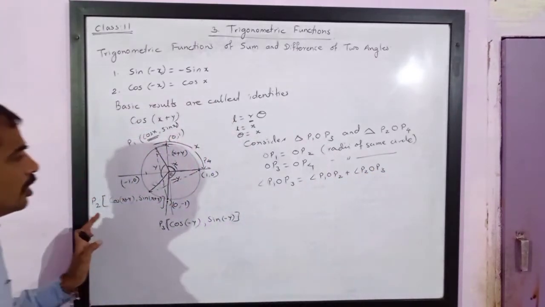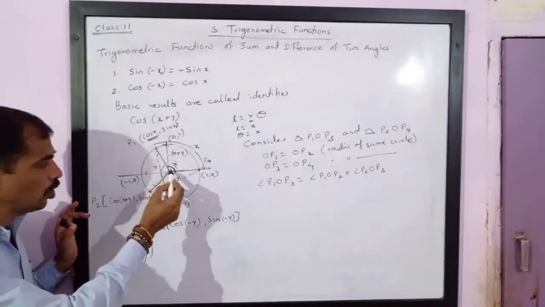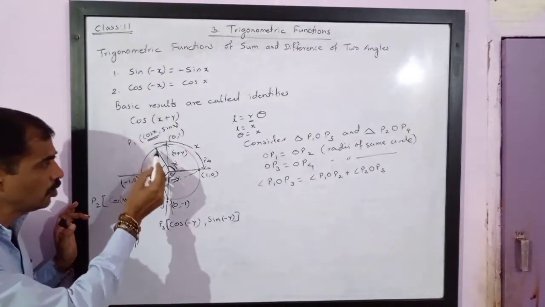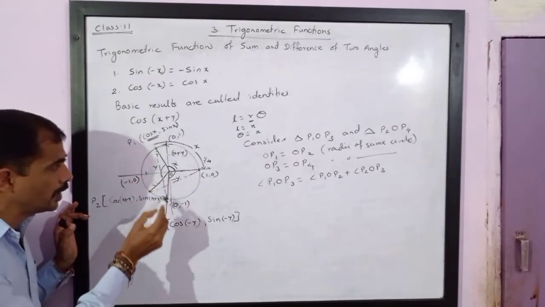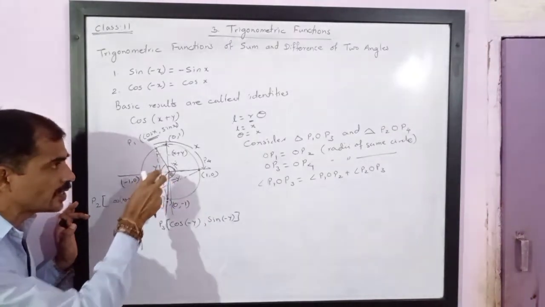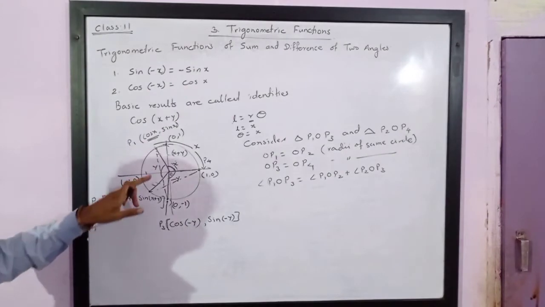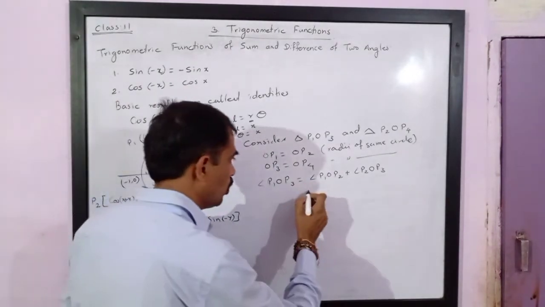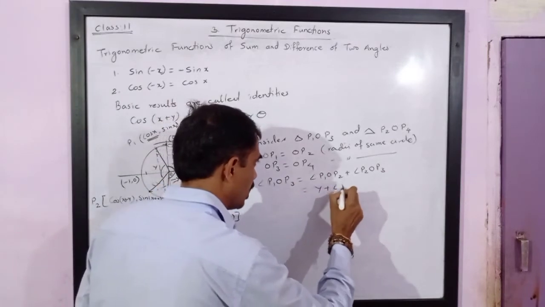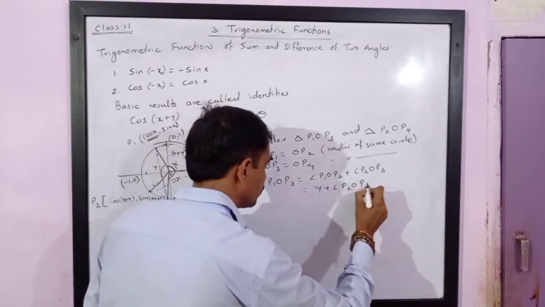I hope everybody is able to understand this. P1O P3 is equal to P1O P2 and P2O P3, so it is the sum of these two angles. Now if you see the measure, this angle P1O P2 is equal to y, so angle P1O P3 is equal to y plus angle P2O P3.